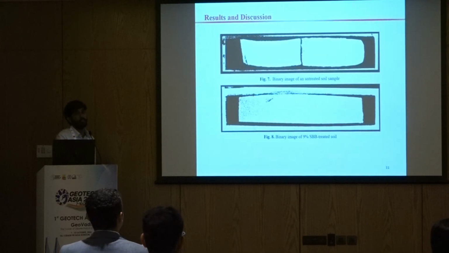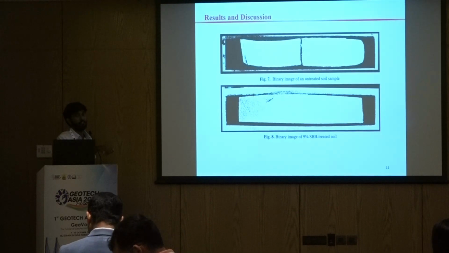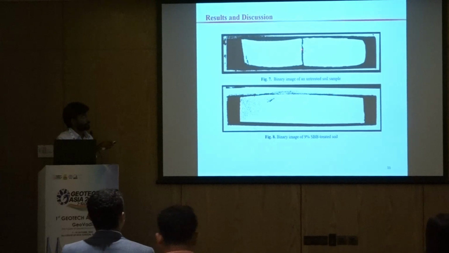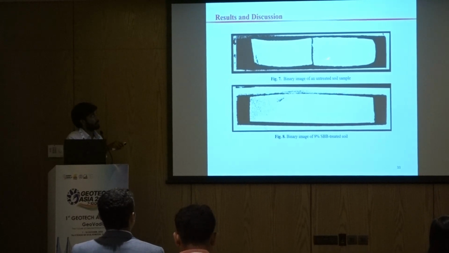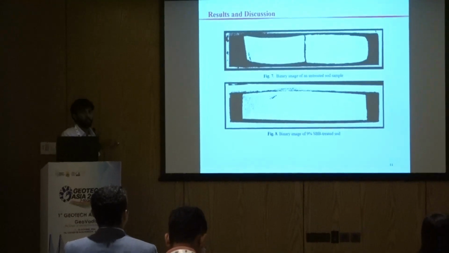So to confirm it, we conducted a linear shrinkage test. Figure 7 shows the binary image generated with ImageJ software showing a crack in the sample. This is the untreated sample, but we have done it for the different biochar dosages.